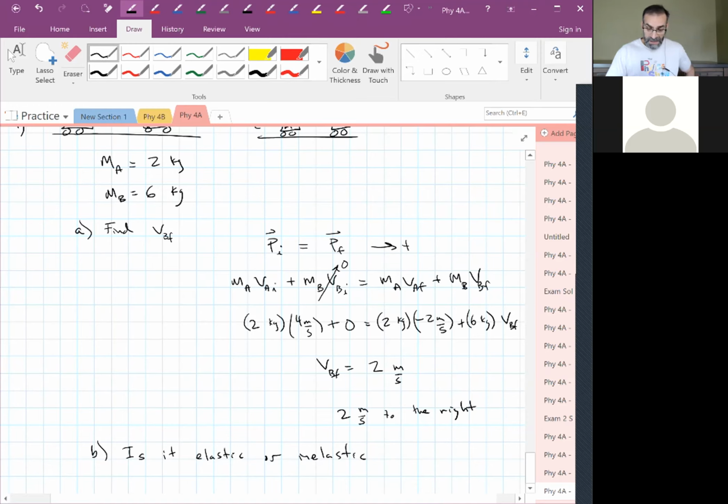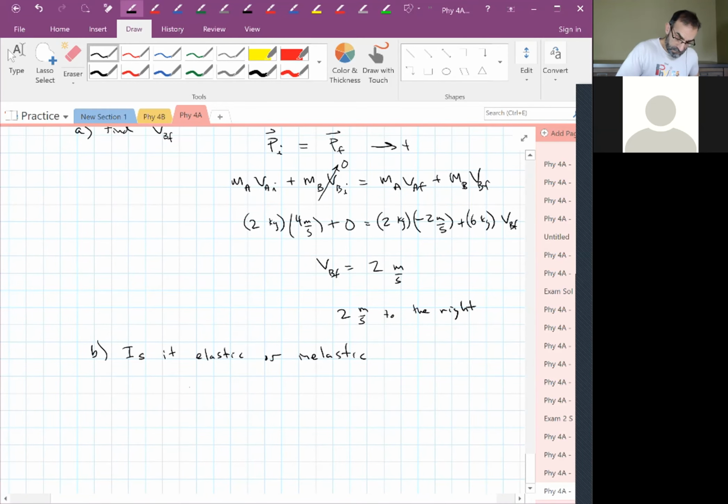Is the collision elastic or inelastic? Find the kinetic energy initial. I used A and B, didn't I?